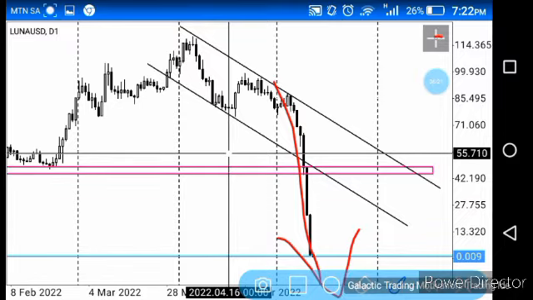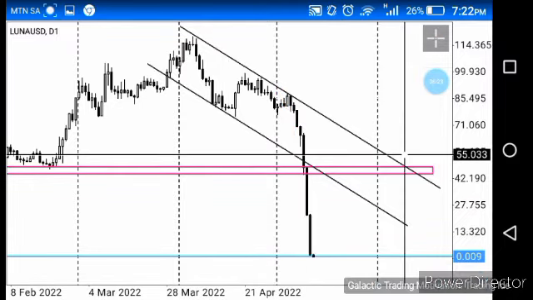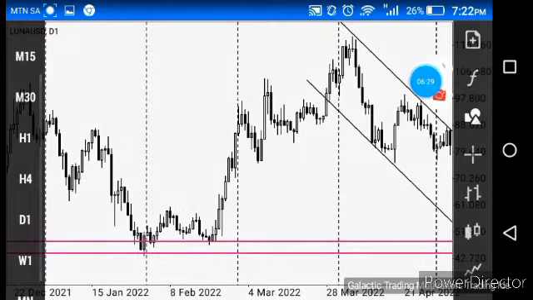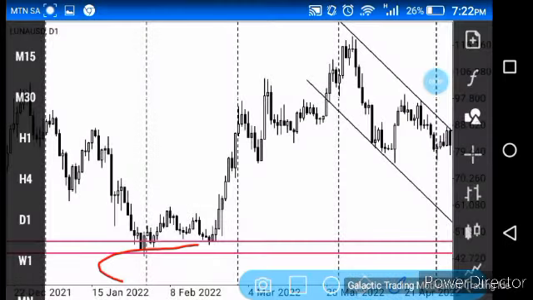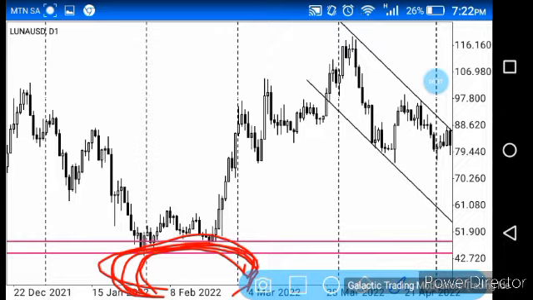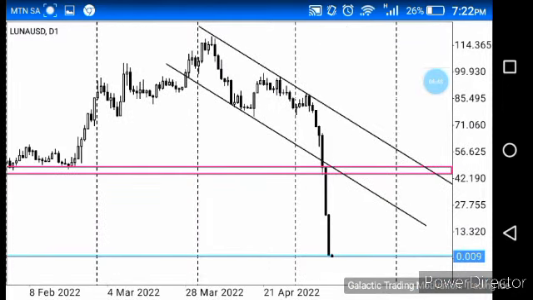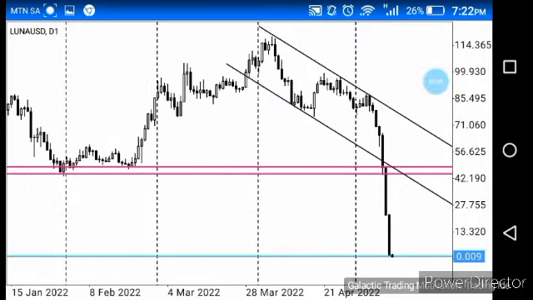Nonetheless, let us continue. So this tells us that there must have been quite a lot of liquidity stuck in this region. There must have been a lot of money stuck in this region. Otherwise, I don't think price would have come back to trigger all these stop losses that are in this region. Nonetheless, let us continue. From here, I don't see anything else that is of importance.